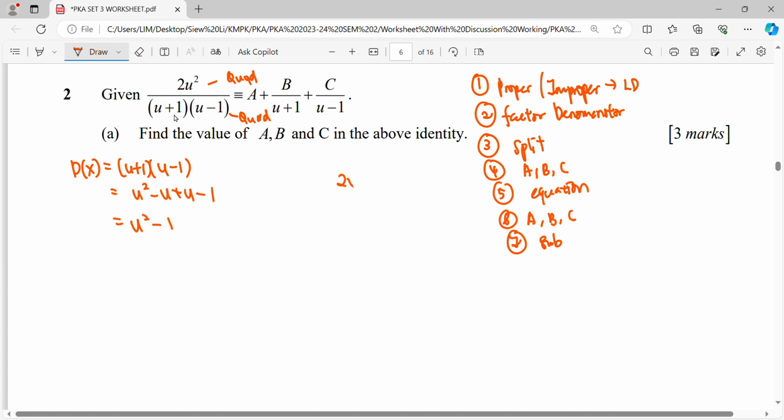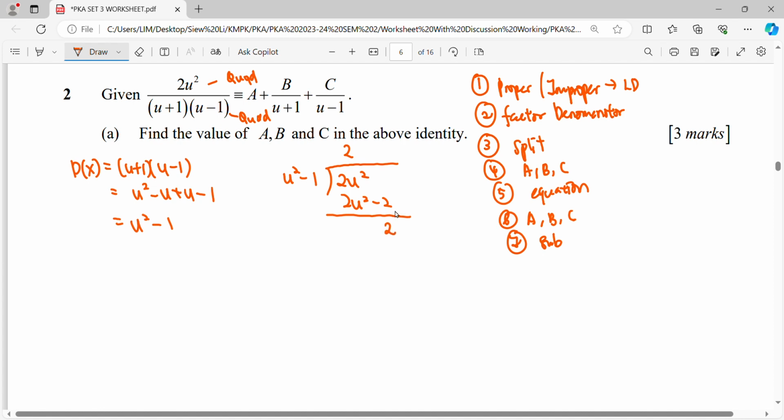Therefore, we are doing long division, 2u squared divided by u squared minus 1. To get 2u squared, we need a coefficient of 2 to multiply with u squared. So we start with 2 times u squared, you get 2u squared, expand for the negative 2. So for your balance, you subtract and you get positive 2.